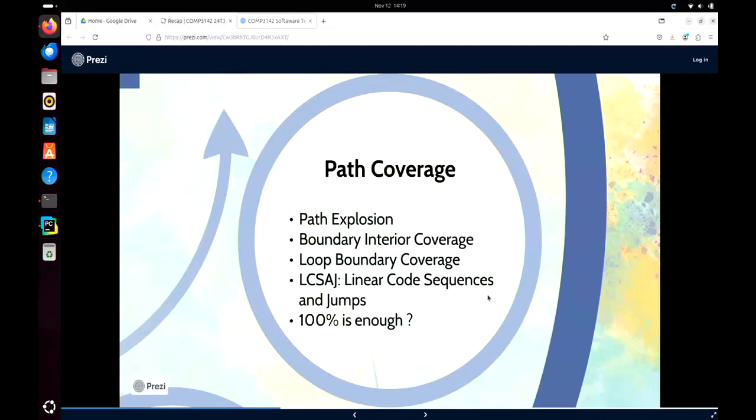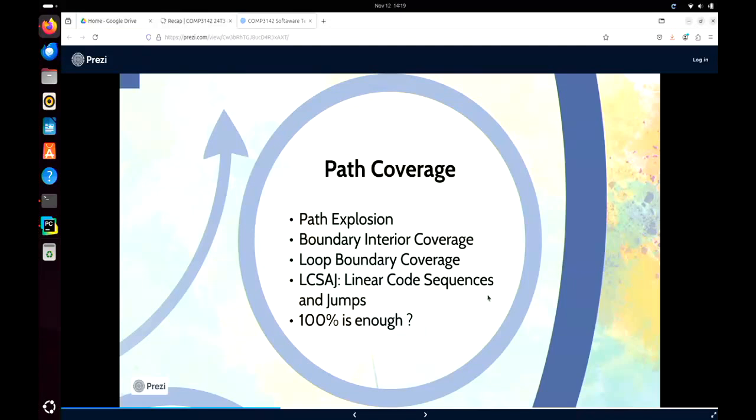And we also learned that, because path coverage is very strong, we are trying to cover every possible execution path in the control flow graph. So do you think achieving 100% path coverage means that the program is bug-free? No. The answer is no. We have learned it with the last question in assignment 1.